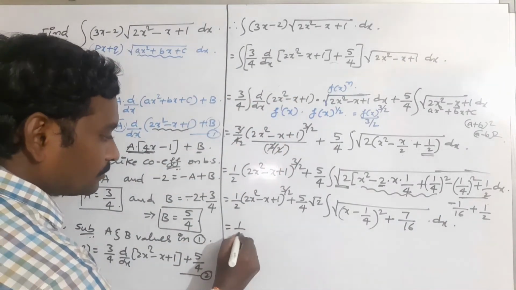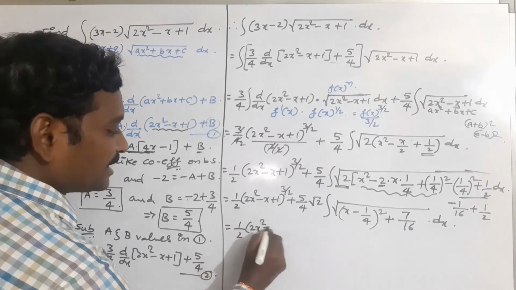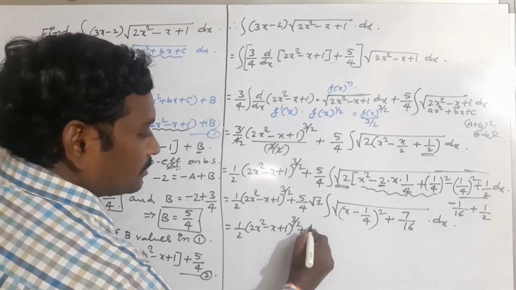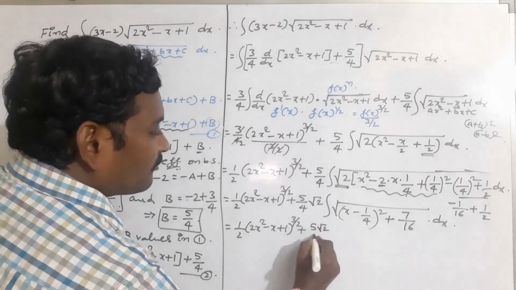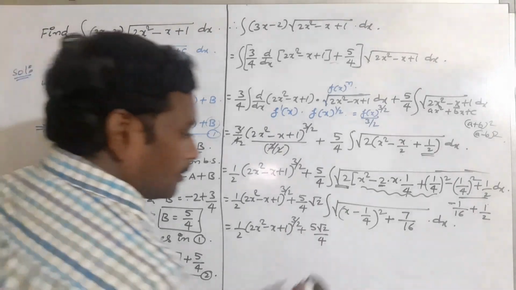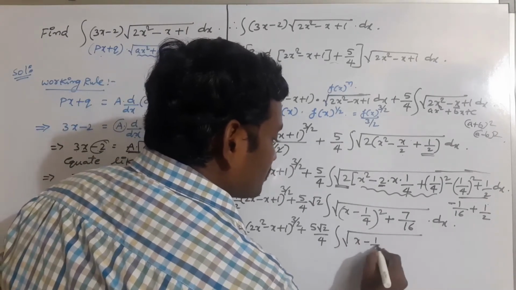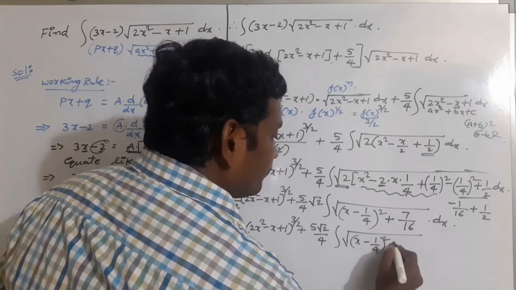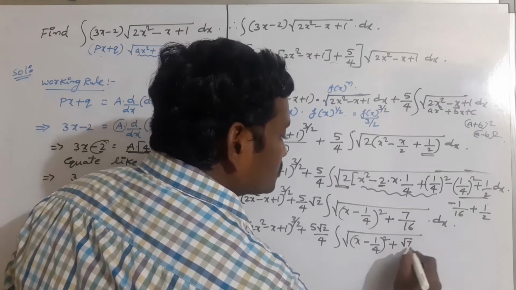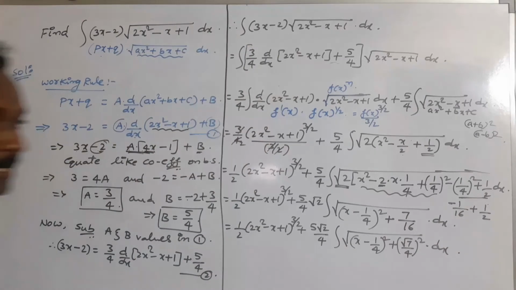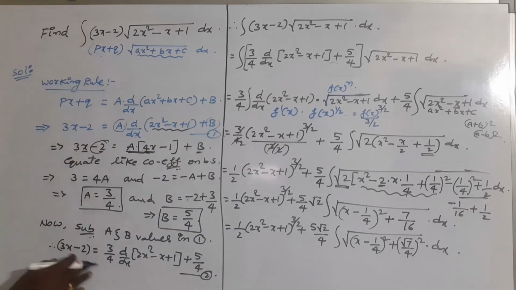So half into (2x square minus x plus 1) whole power 3 by 2, plus 5 root 2 over 4, integration of root over (x minus 1 by 4) whole square plus, this can be written as (root 7 by 4) whole square, into dx. Okay, I will write the remaining steps here.